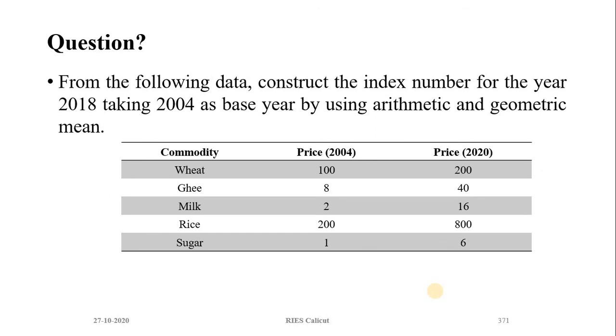Then how to construct an index number. First, how to construct an unweighted index number. There are three methods: single price index number, aggregate price index number, then aggregate price relative method index number using GM and AM. So all these things we have discussed in this class.